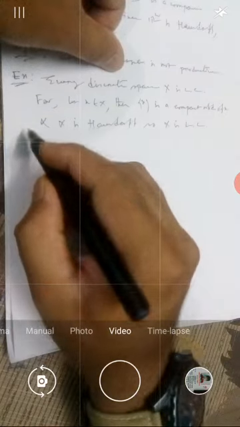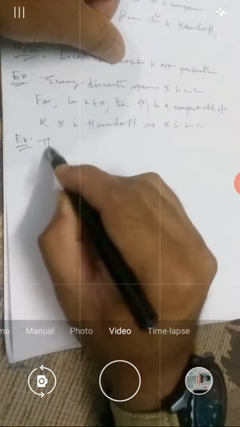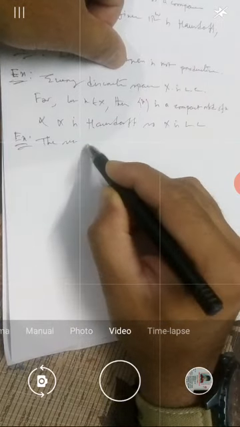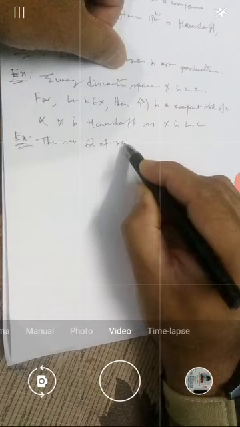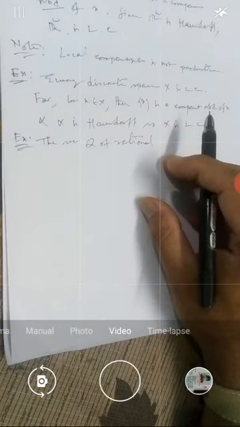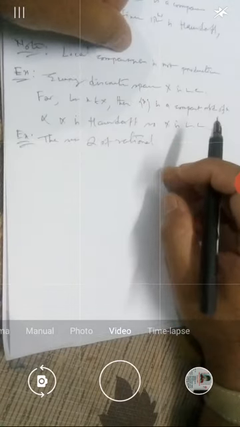So another example, the set Q of rational numbers. We can prove as simply as that the space of irrational numbers is also not locally compact.